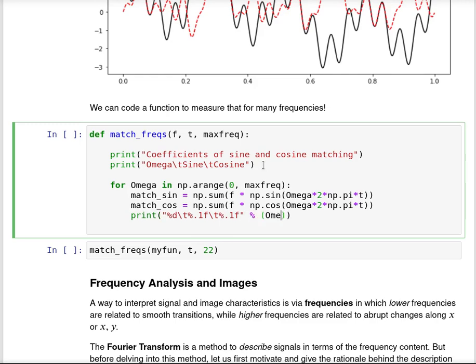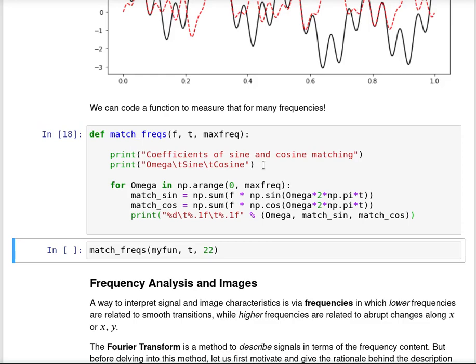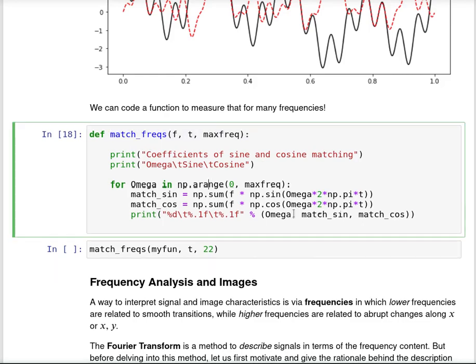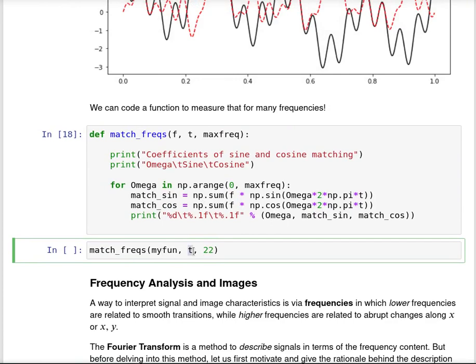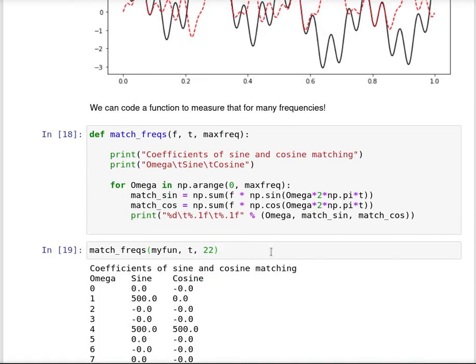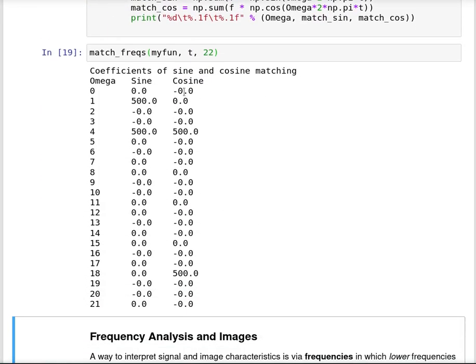So omega, and that's it, that's the function. And then I can use this function here to evaluate, for instance, my function using t as a parameter, up to the frequency 22 hertz. And this is the output.